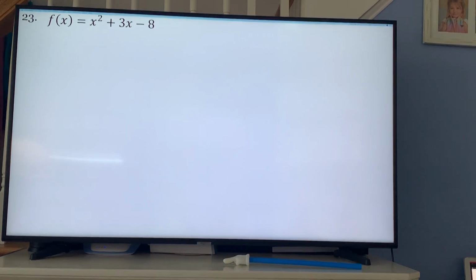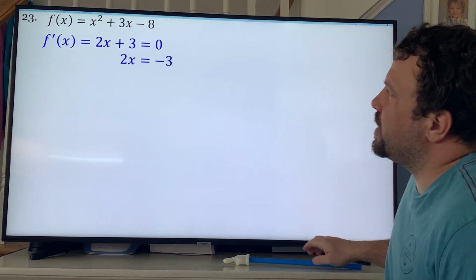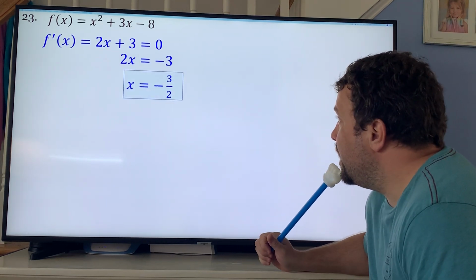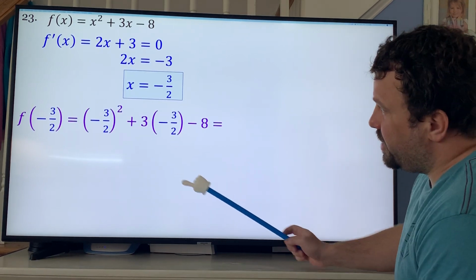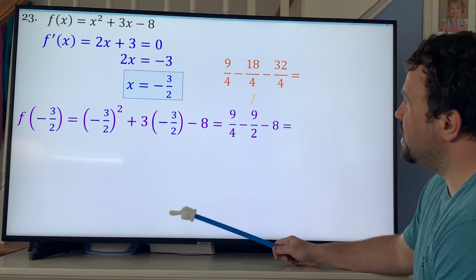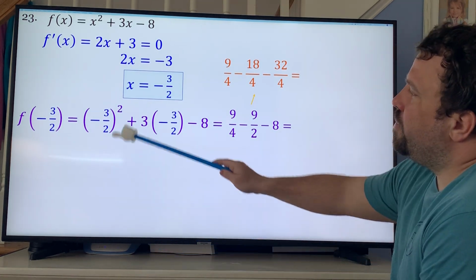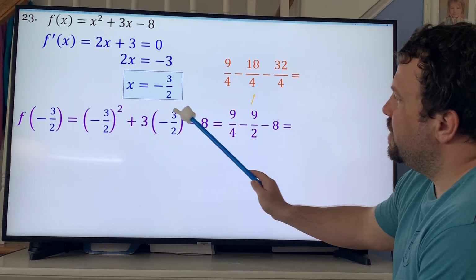So you should derive the equation. 2x plus 3, subtract 3 from both sides. 2x is -3, and x is -3/2. All right? So take your -3/2, plug it into the original equation. You get as an answer 9 over 4, positive because it's squared, minus 9 over 2.